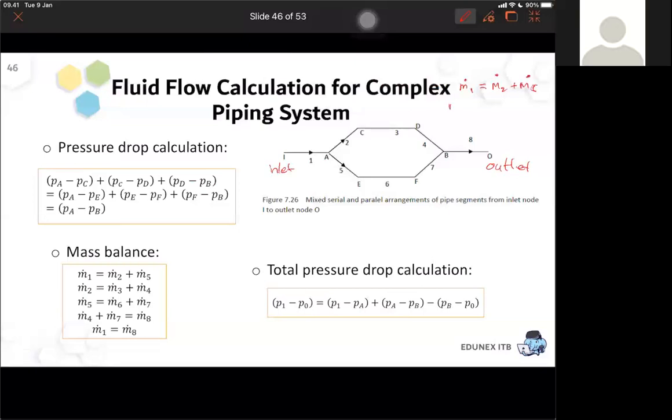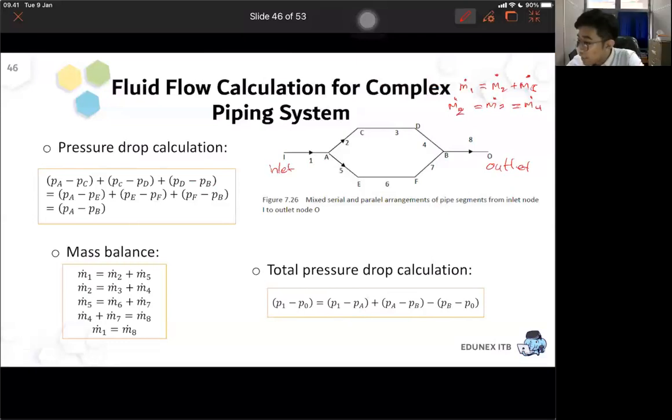And then M2 will be equal to M3 will be equal to M4. Yeah, there's a typo there, sir. Okay, let me check later. And M5 will be equal to M6 and equal to M7. Yeah, there's a lot of typos in this slide.